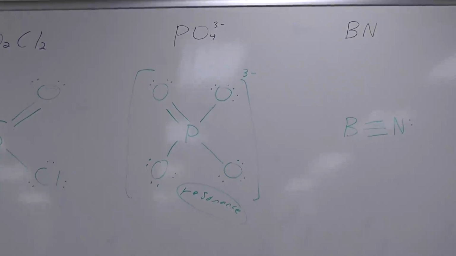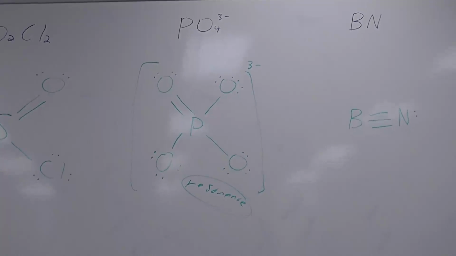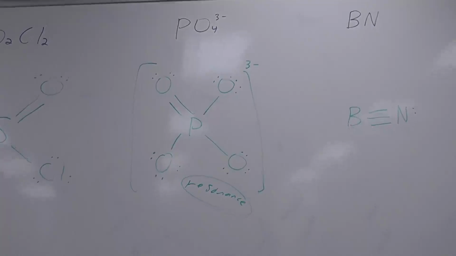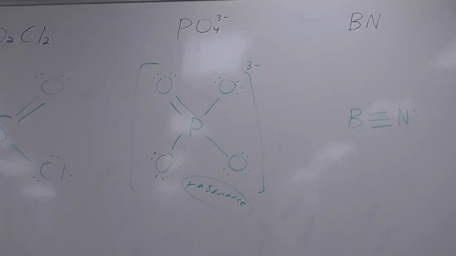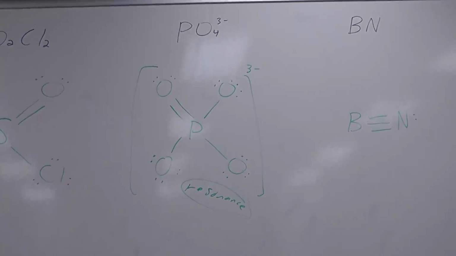Boron's octet is just 6. Go ahead. Would you mind explaining the 6th rule again? As far as what the pattern is, or why the pattern is what it is.